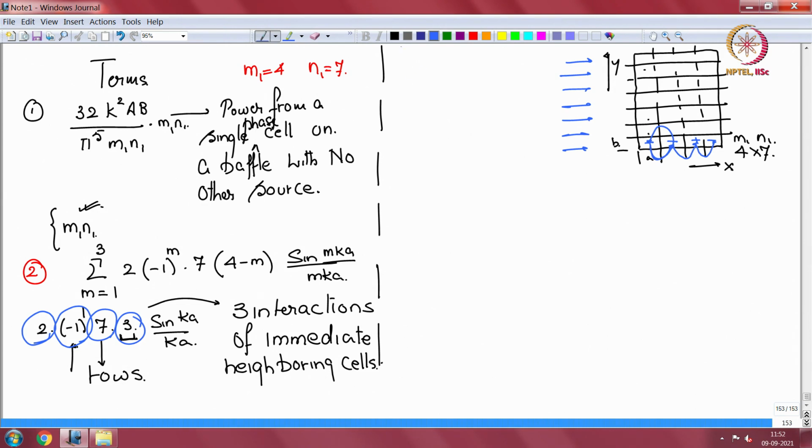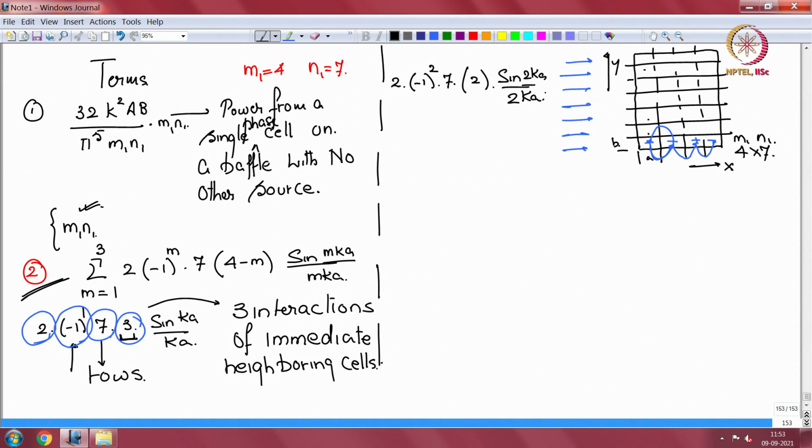So when m equal to 2, now within this summation we are looking at the term 2. I get twice minus 1 whole squared, so positive now, again 7. But this time 4 minus 2, which is 2, into sine 2 Ka by 2 Ka.